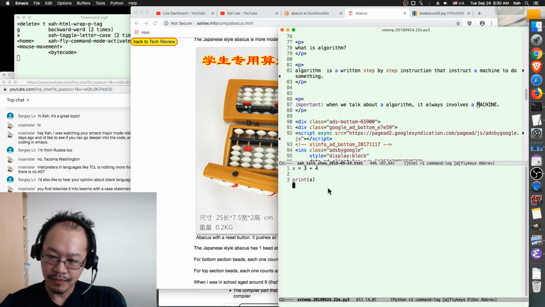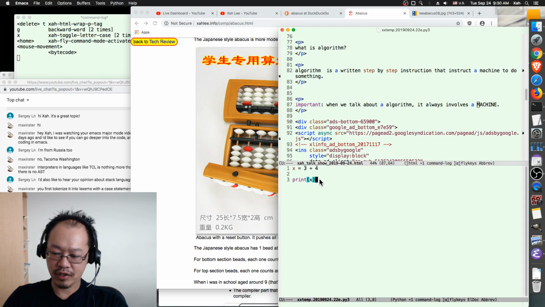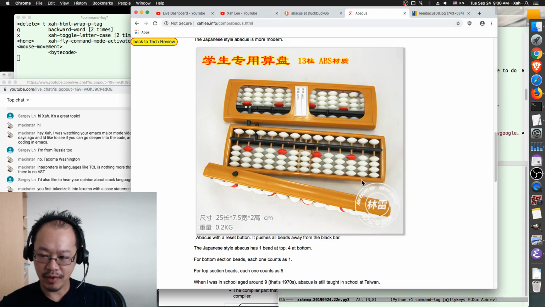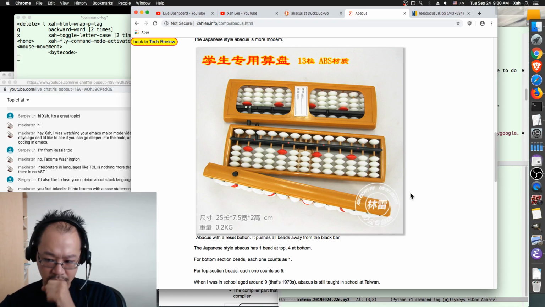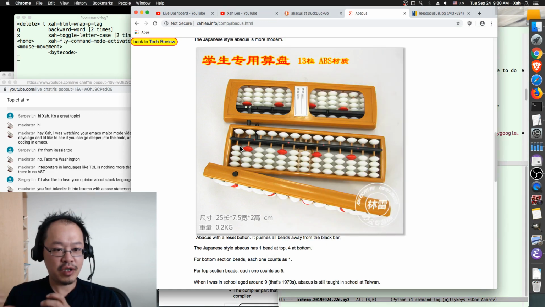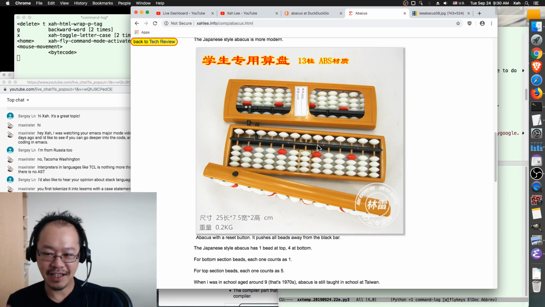So a compiler reads in the source code and churns out typically assembly language for that particular CPU. You can also write a compiler that reads Python code and outputs instructions for this abacus, like an assembly language for the abacus. Depending on the machine, the assembly language will be different.